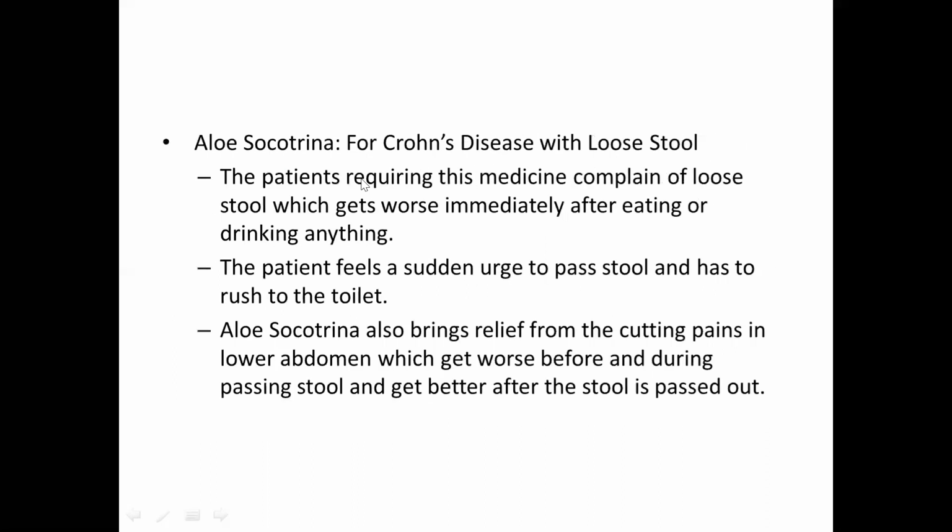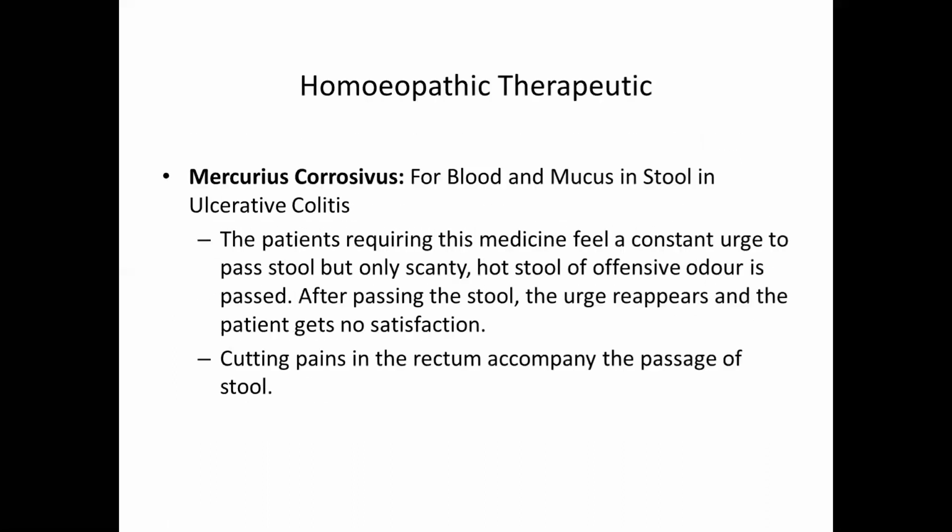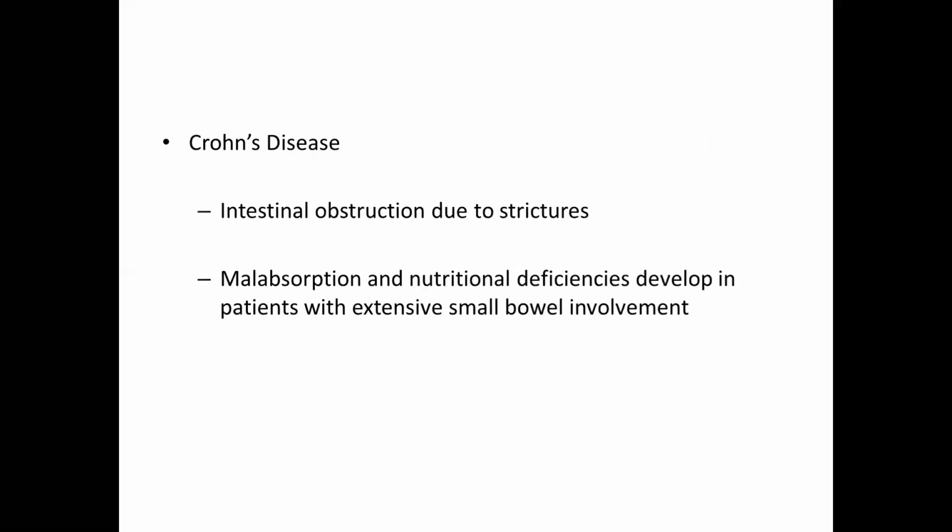Pseudopolyps appear in both conditions. Cobblestone appearance is usually seen in Crohn's disease but not in ulcerative colitis. Intestinal obstruction is common in Crohn's disease and not in ulcerative colitis.